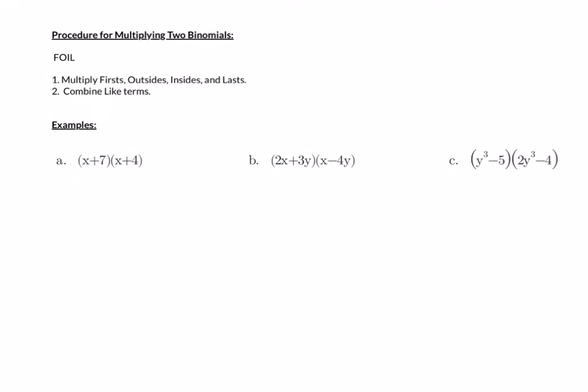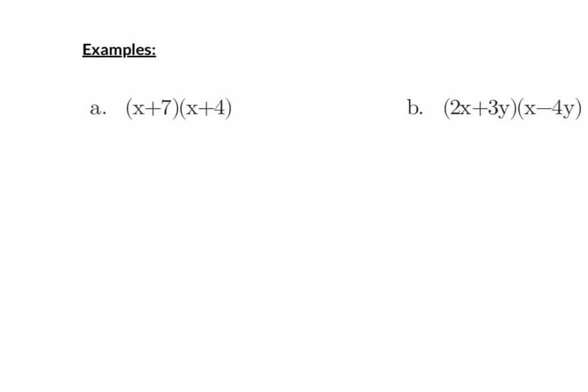It tells us that we want to multiply the firsts, the outsides, the insides, and the lasts. From there, we combine like terms. Now, it doesn't matter what order you multiply in. The trick is you do need to multiply everything in the first by everything in the second. So let's go ahead and look at some examples.